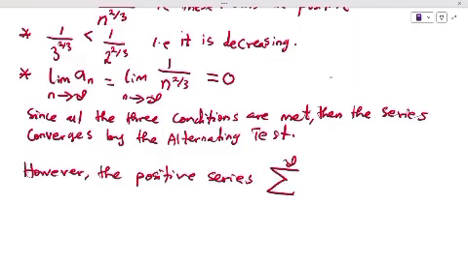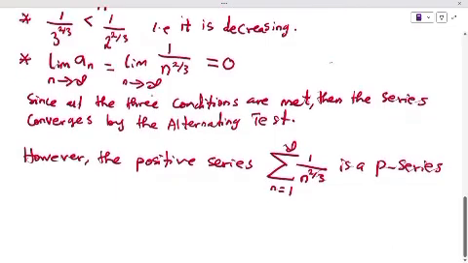The positive series, by the time we take the absolute value, like I told you, the series as n equals 1 to infinity of 1 over n to the power of 2 over 3 is a p series. I believe you can remember from our previous class how to identify a p series. So when you have 1 over n to the power of something, that's a p series. Is that okay? Good. So from here, we were able to see that this is a p series.